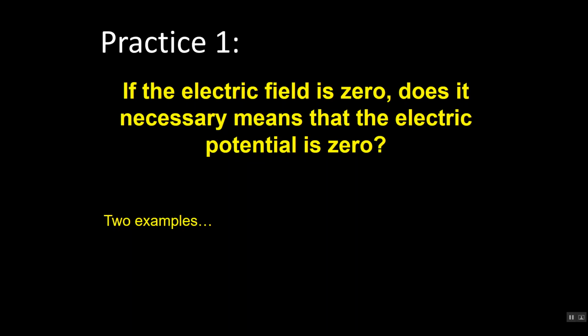Give me actual concrete examples where you put more charges in space. I want actual examples.